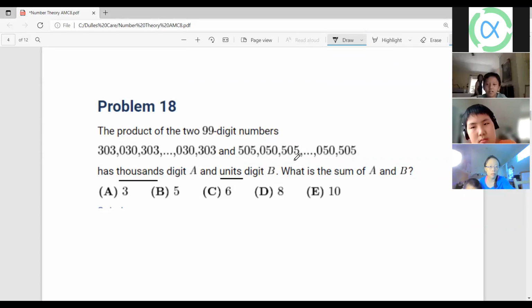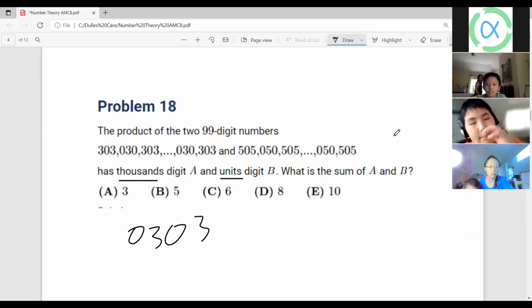All right. So when we're contemplating such big numbers, initially we might be scared, right? However, we only have to care about the thousands digit and units digit of their product. So let's actually look at 0303 times 0505.